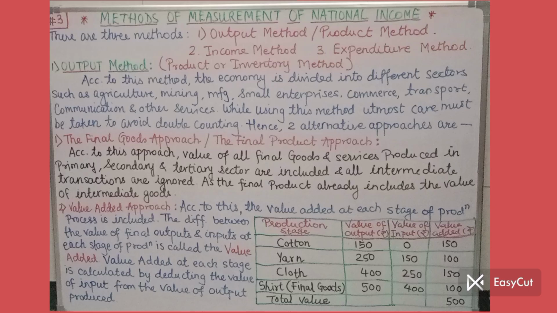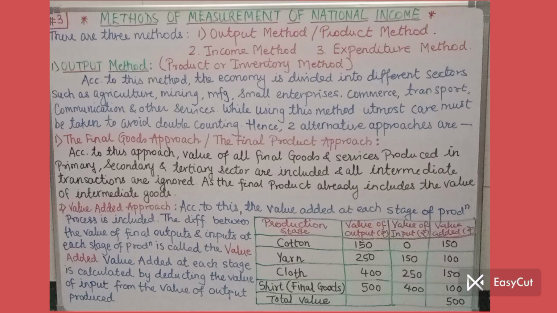First is the final goods approach or the final product approach. Now, here from the name itself, we get an idea about the approach. Let us see what it is. According to this approach, value of all the final goods and services produced in all the three sectors of the economy, that is primary sector, secondary sector as well as tertiary sector, all the goods and services produced in all these three sectors are included, and all the intermediate transactions are ignored.